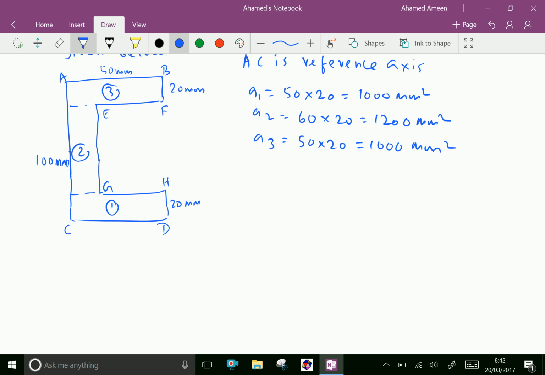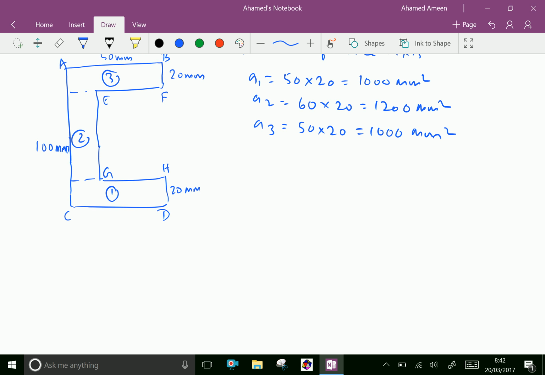Now consider AC as a reference line. From that, the center of gravity of piece 1, that is x1, equals half of 50, equals 25 mm. First find x2.